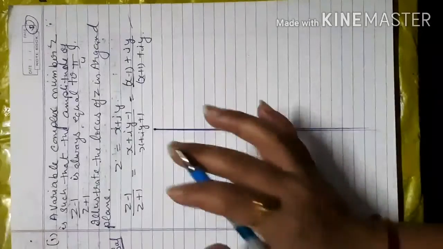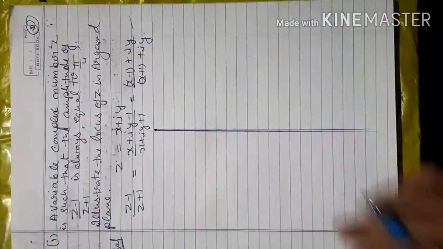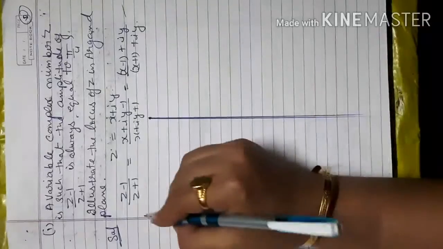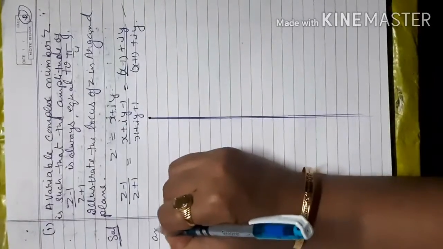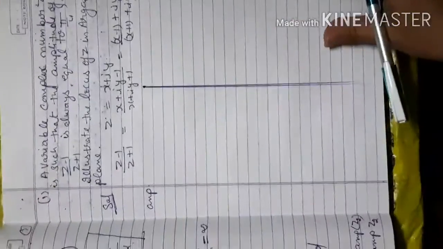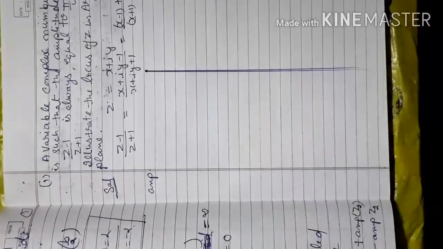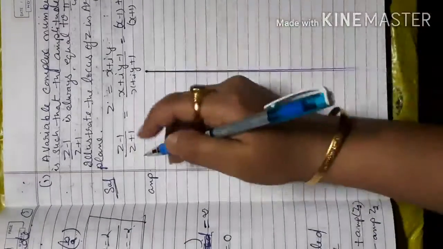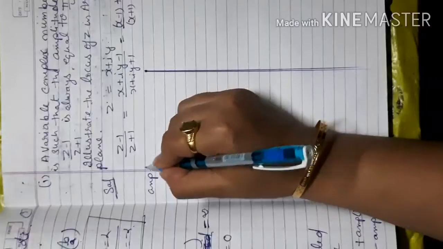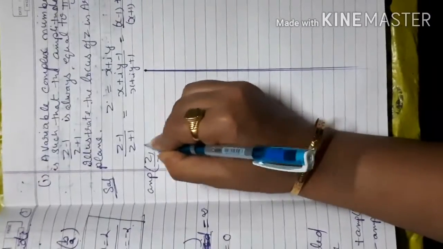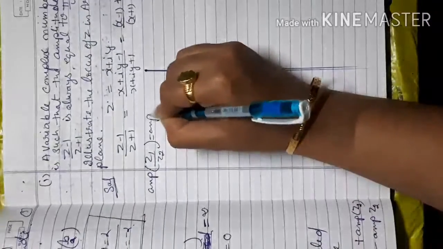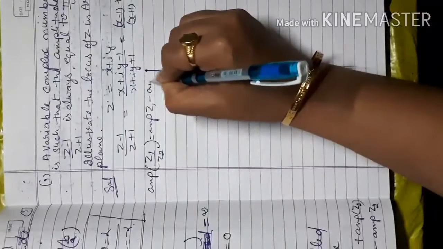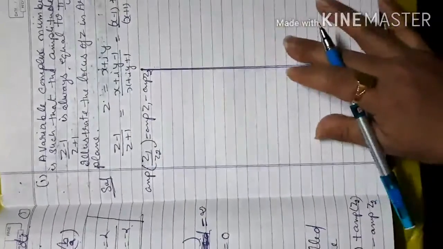If I go with the amplitude, which I just told you the formula of, first I will solve with this amplitude method, then without the amplitude method. The amplitude formula is: amplitude of z1 by z2 is amplitude of z1 minus amplitude of z2.